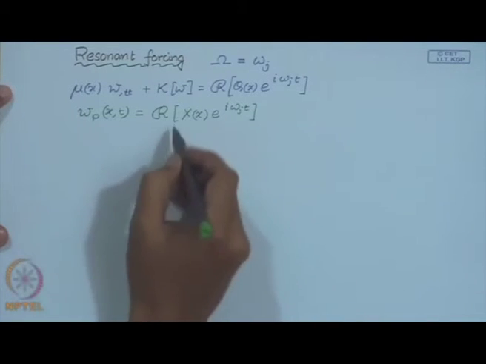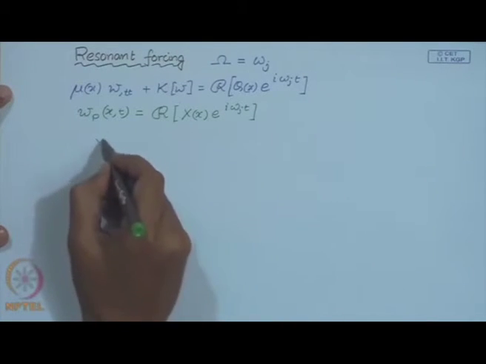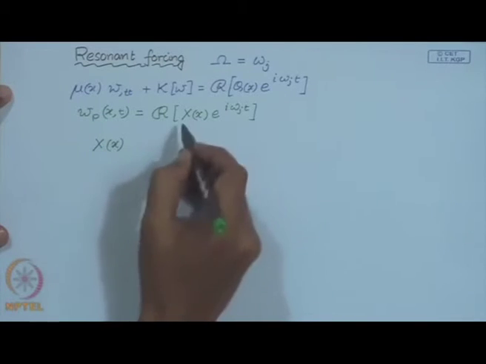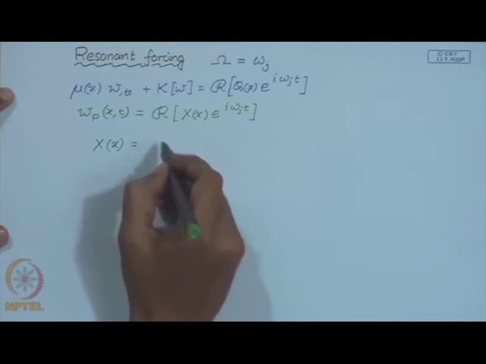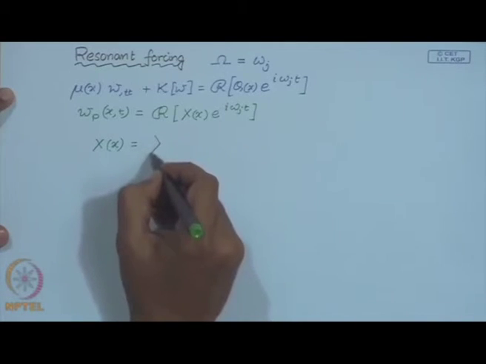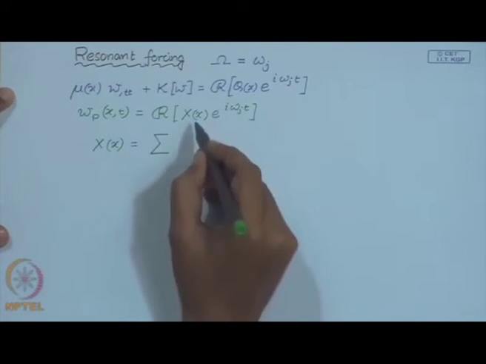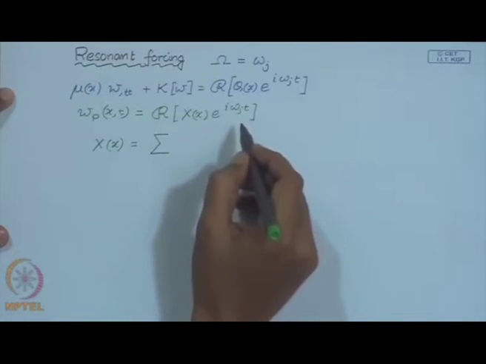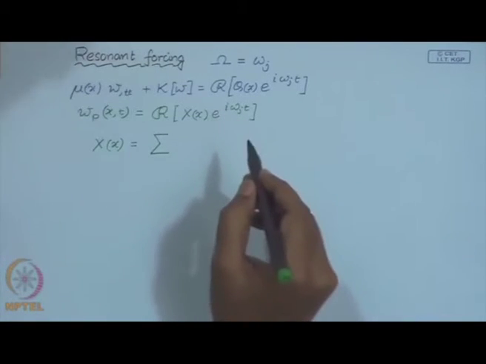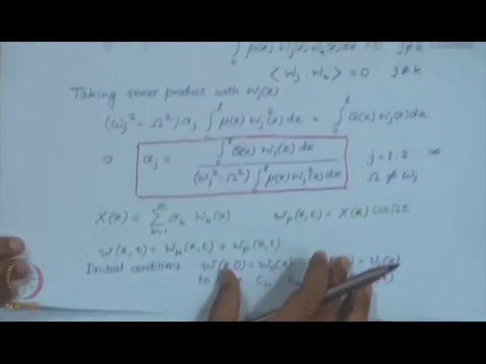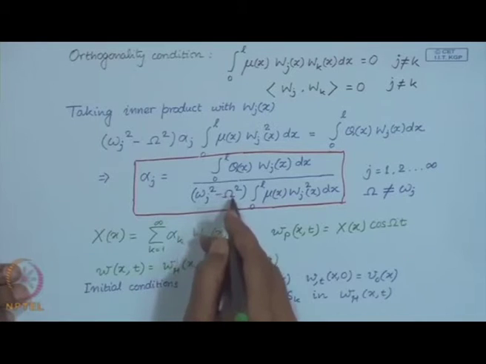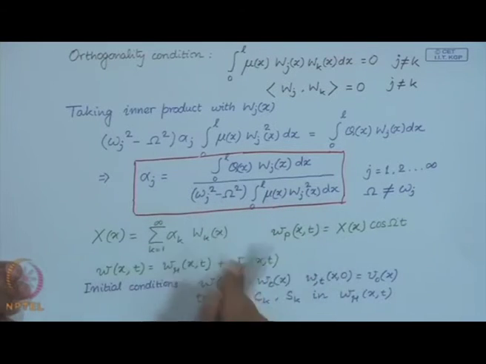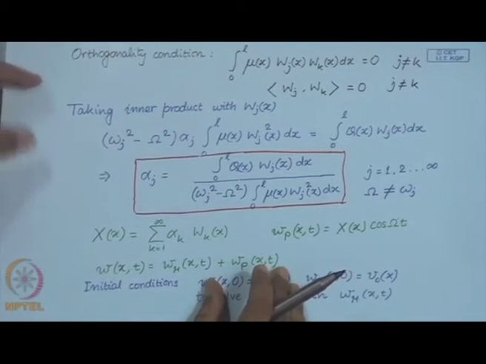Now, we have been expanding this x, the amplitude function of the particular solution, in terms of the eigenfunctions. We will do that, but because of this resonant forcing, if you look at the solution that we just derived, when capital omega equals omega j, this is going to be undefined.